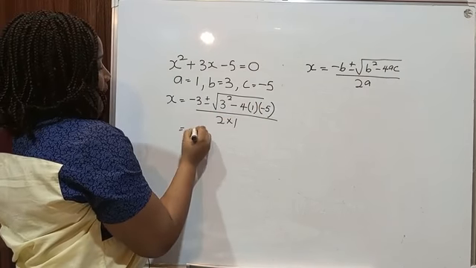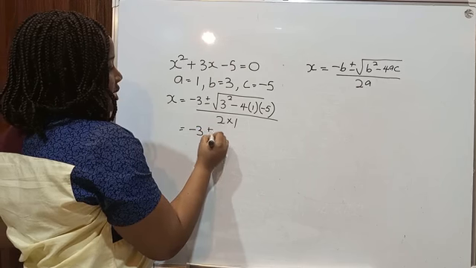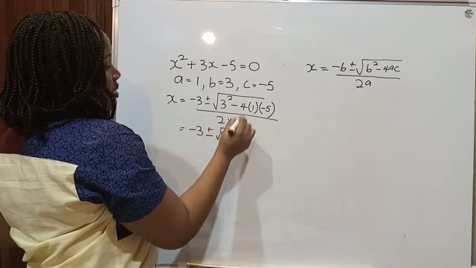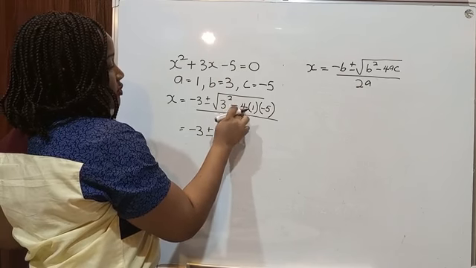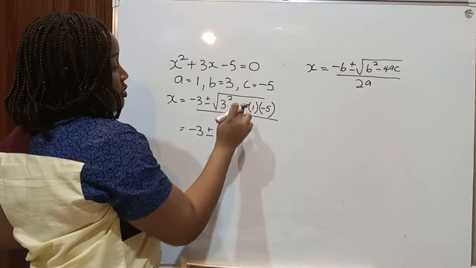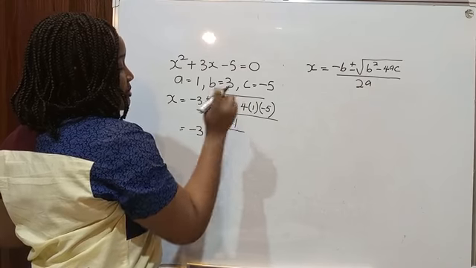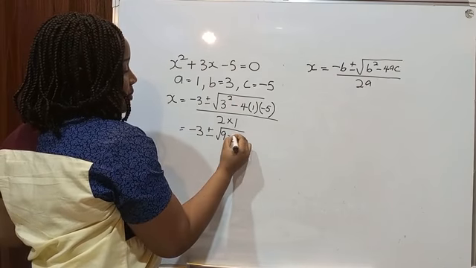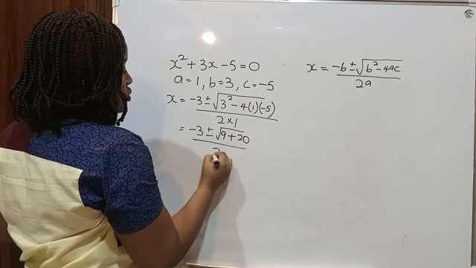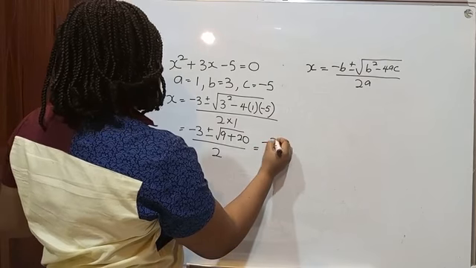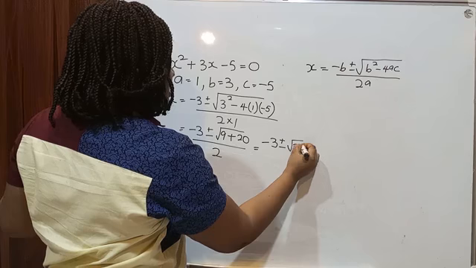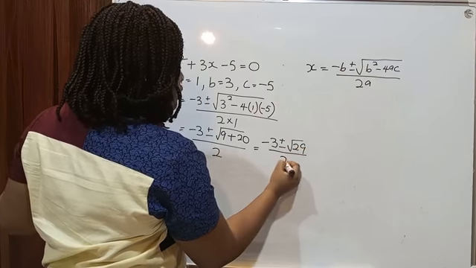So you have minus 3 plus or minus 9, minus 4 times 1 gives us minus 4, and minus 4 times minus 5 gives us 20. So you have plus 20 all over 2, which gives us minus 3 plus or minus square root of 29 all over 2.